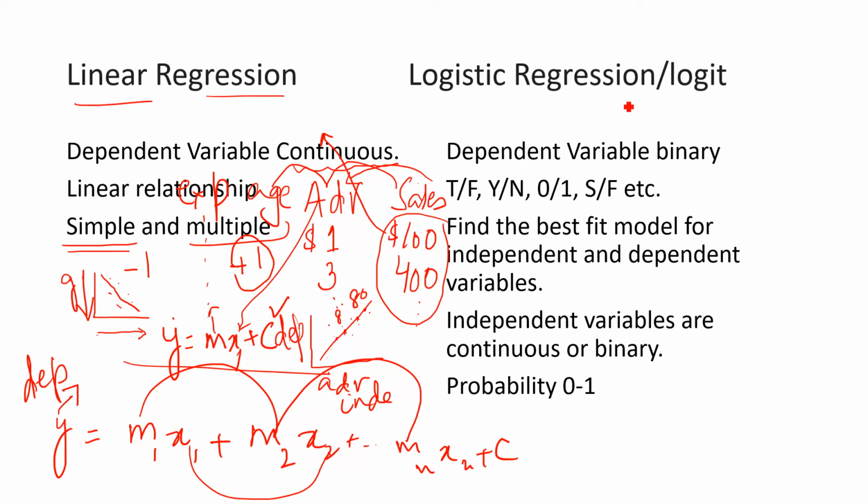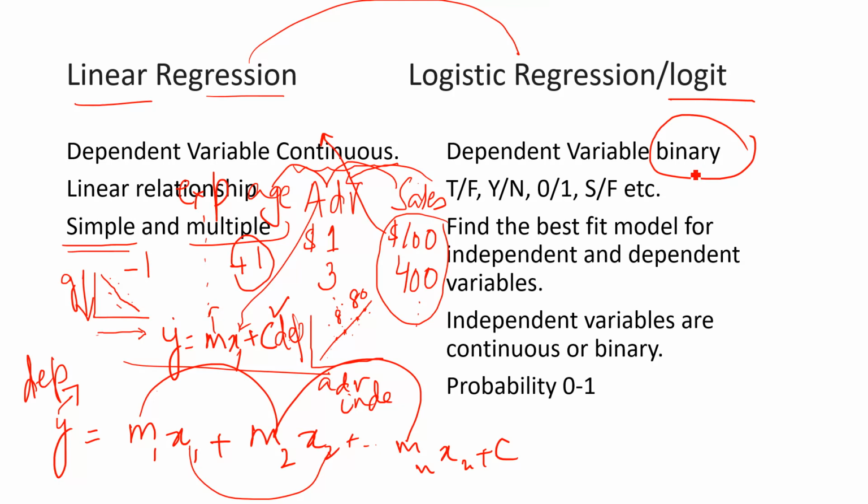Now come to logistic regression, which is also known as logit regression, and we use it in machine learning. The main difference between linear and logistic regression is that the dependent variable in logistic regression is binary. In the case of linear, it is continuous. In logit regression, the dependent variable is binary.